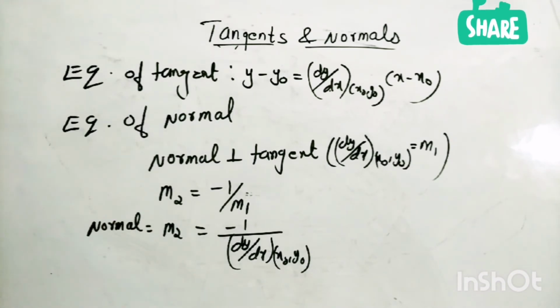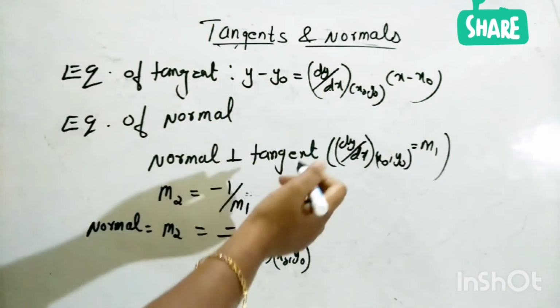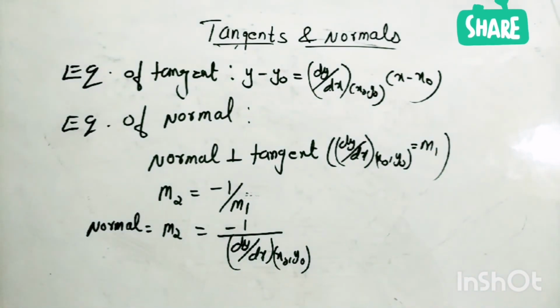So we got the slope of our normal, and this normal also passes through the point x0 comma y0.